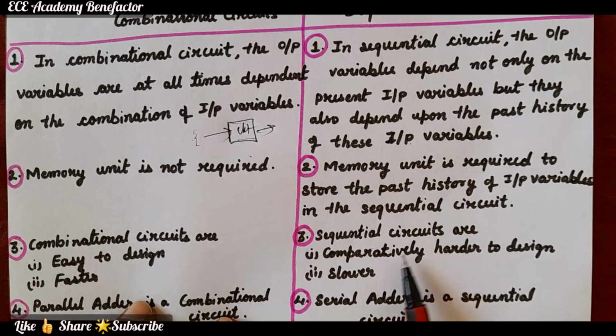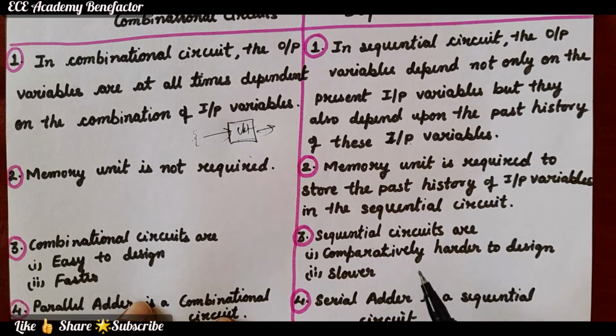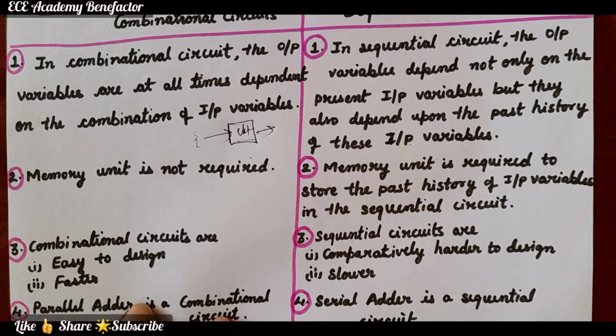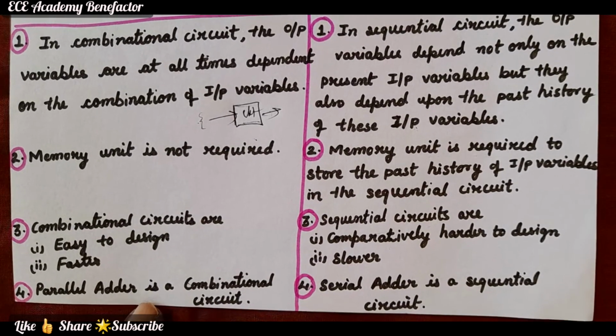Sequential logic circuits are comparatively harder to design, because in combinational we do not have a feedback, in sequential we are having a feedback because the output depends on the present input as well as the past history of the input variables. It is harder to design and it is slower also compared to a combinational logic circuit.